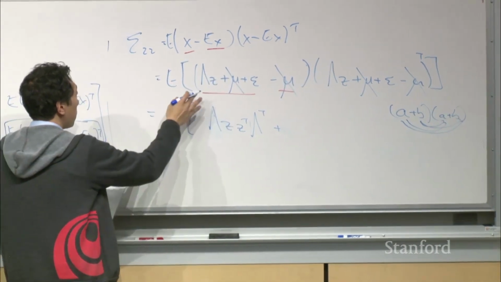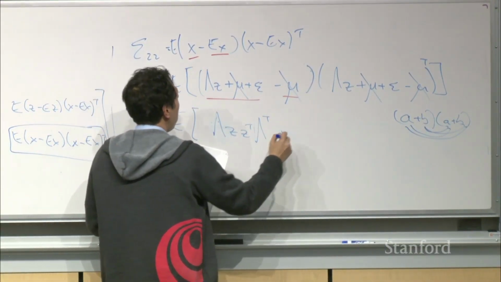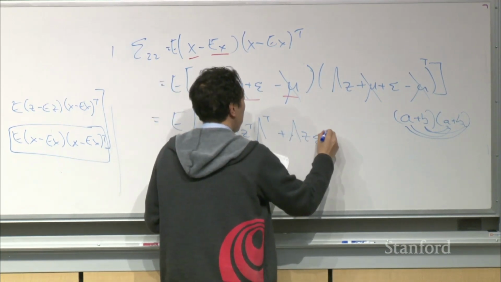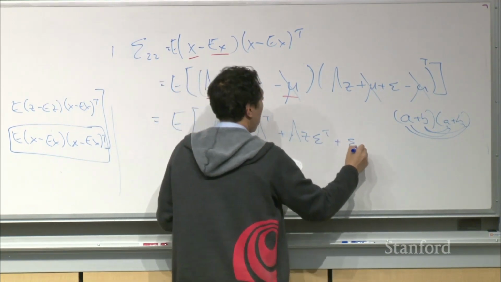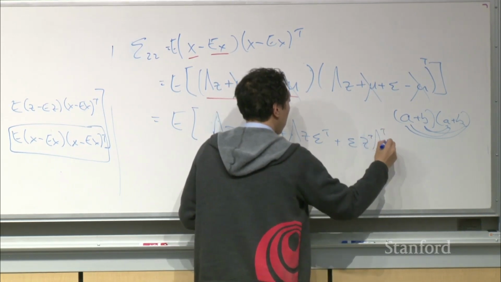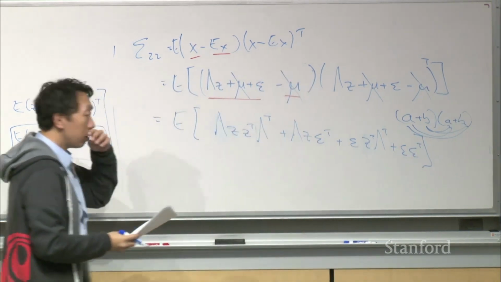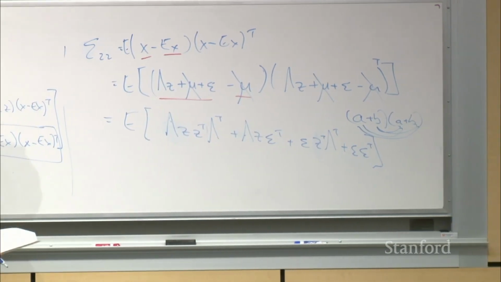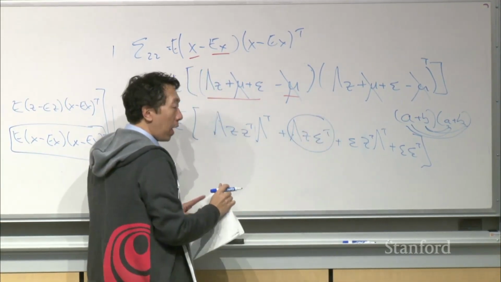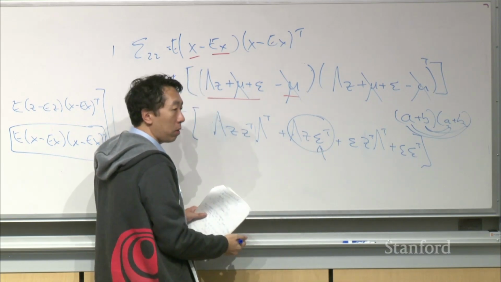The first term is lambda z times lambda z transpose, plus lambda z epsilon transpose, plus epsilon z transpose lambda transpose, plus epsilon epsilon transpose. The cross terms have 0 expected value because epsilon and z both have 0 expected value and are uncorrelated.